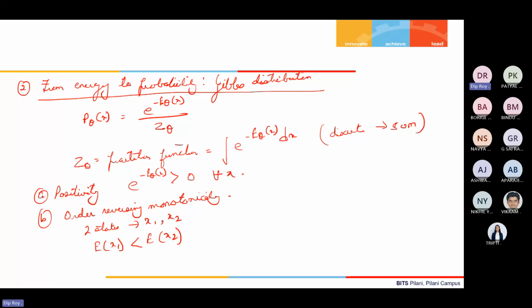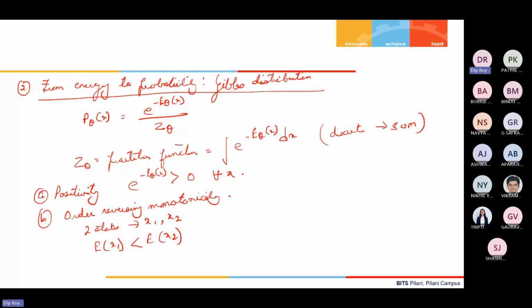Everything in this universe is in a kind of state of equilibrium. And if it is in a state of equilibrium, as per statistical physics, it has been shown that they are in a low energy state, because that's where the stability comes from. So what we want to say here is that the energy of x1 is less than the energy of x2.